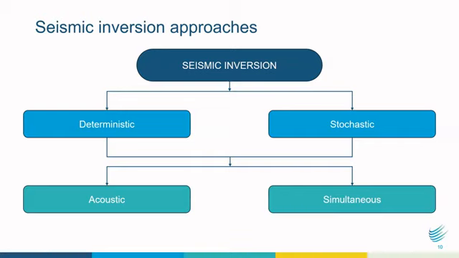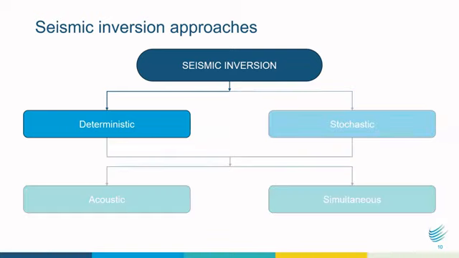Simultaneous inversion means that we invert for several elastic properties at a time, for example, P impedance, S impedance, and density. So these are the seismic inversion approaches, and let's now delve deeply into them. I start with deterministic inversion.